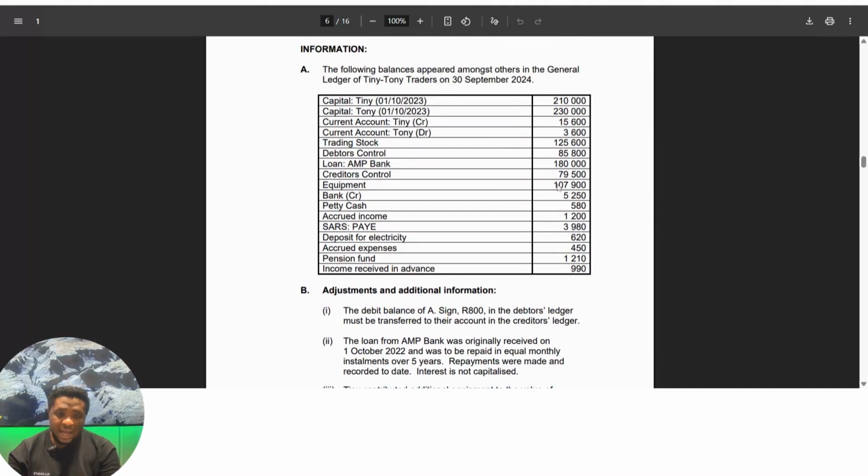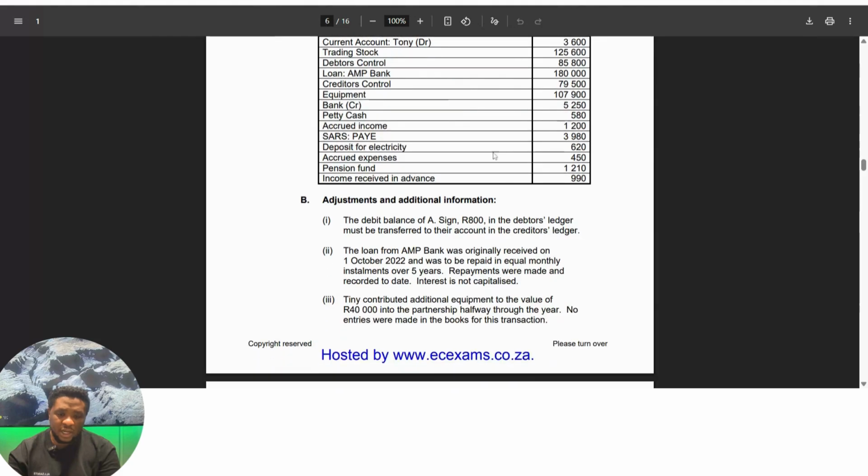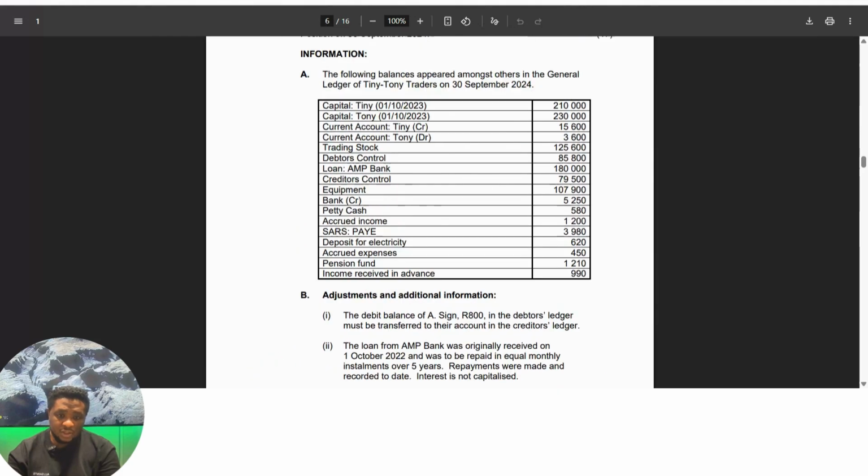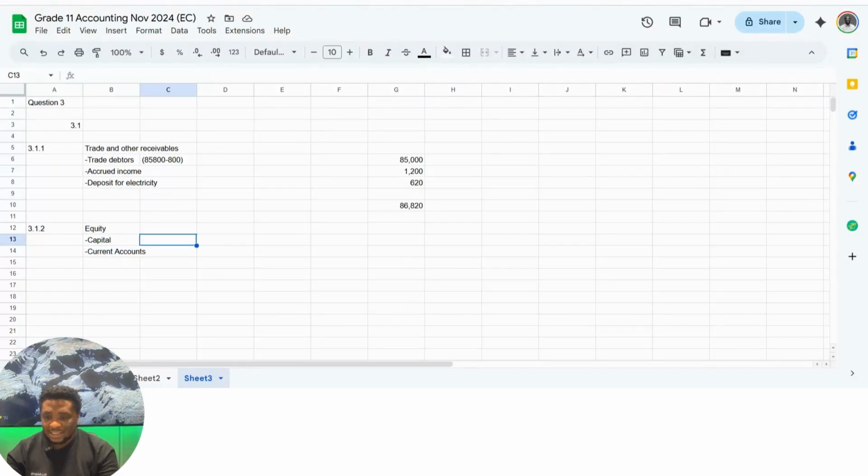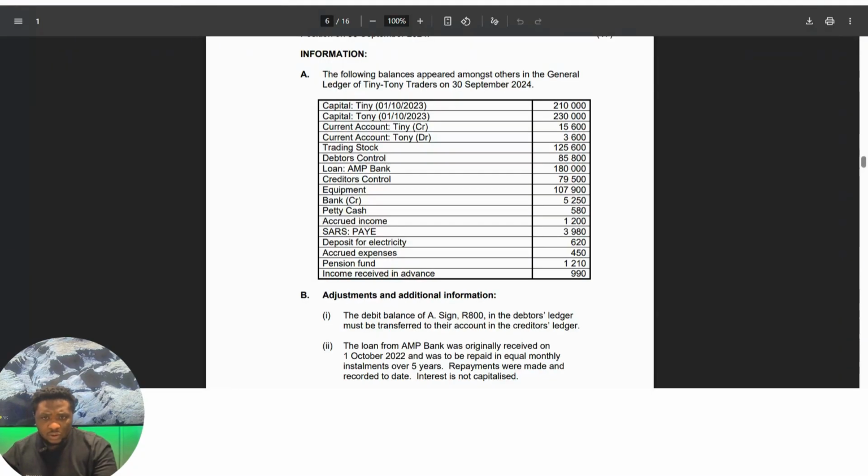So when we add up, we also need to add this extra 40,000. So you're going to have 210,000 plus 230,000 plus 40,000. So 210,000 plus 240,000.